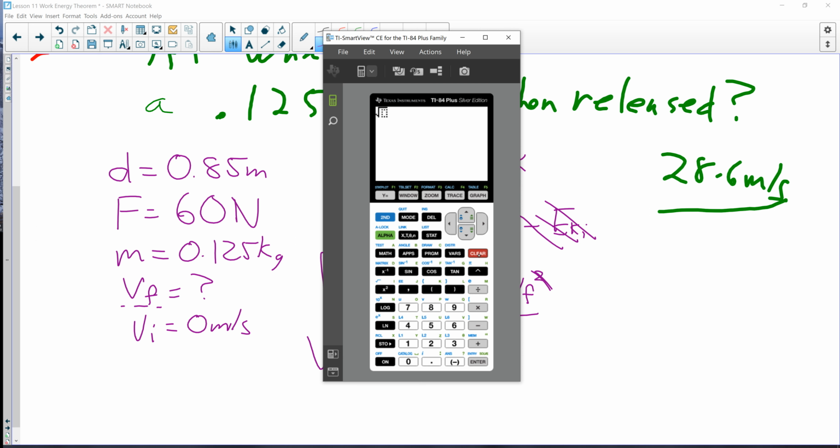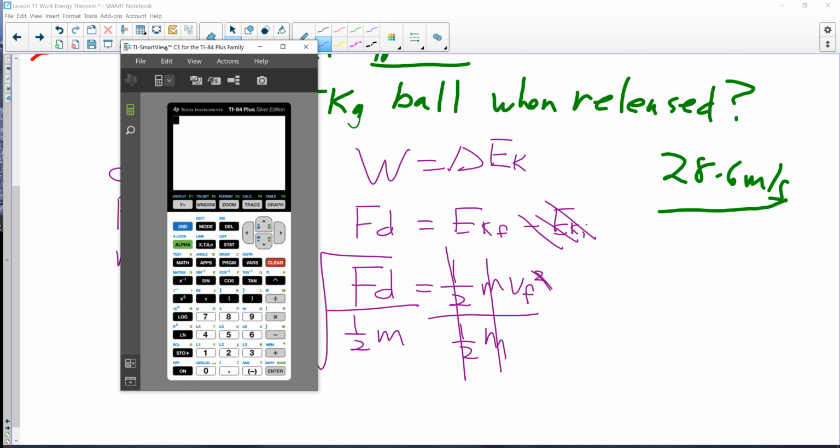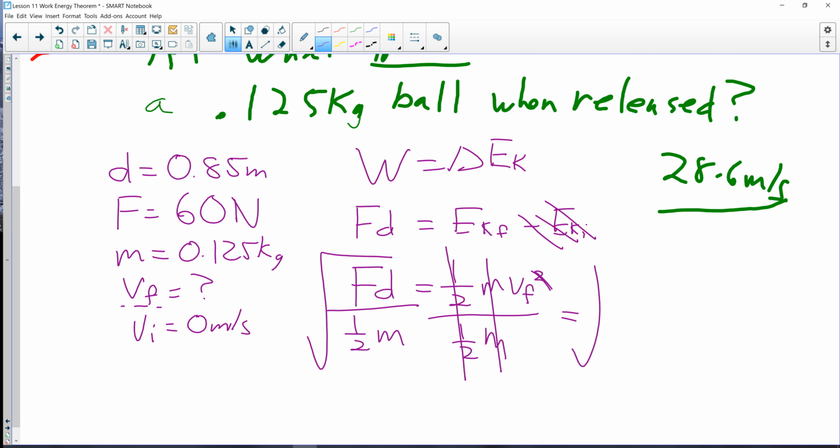So what I do is I simply go, all right, here are my numbers. Sorry, I haven't plugged the numbers in yet. My numbers are 60 newtons, that's the force, times the distance, 0.85 meters, divided by 1/2 times 0.125.